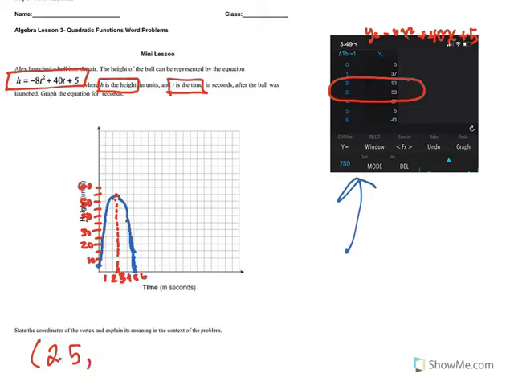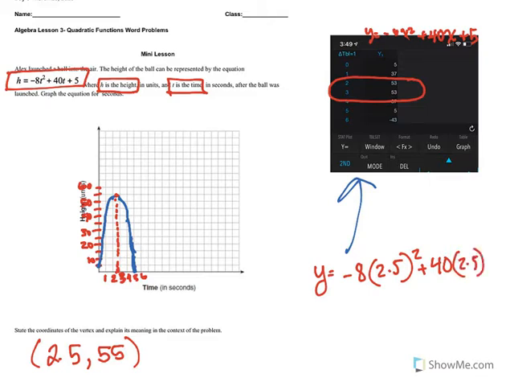And my y value at that point, you have two options. You can either try to estimate it from here, and I can see that's 55. Or you can actually go to the regular calculator and do -8 times 2.5 squared plus 40 times 2.5 plus 5, and see what that actually gives you.